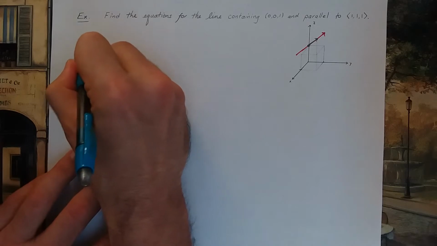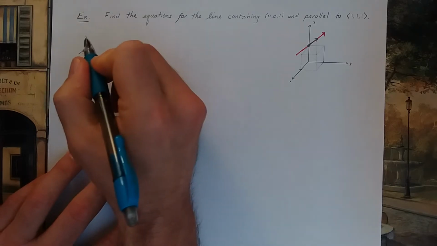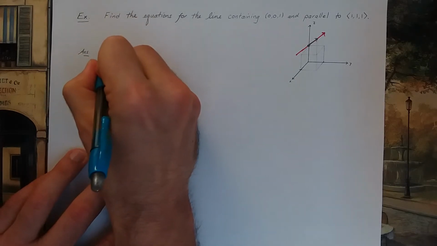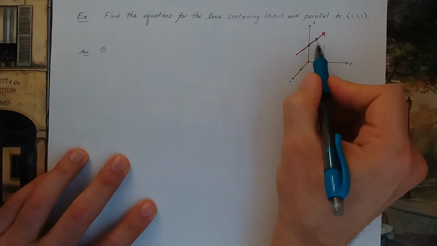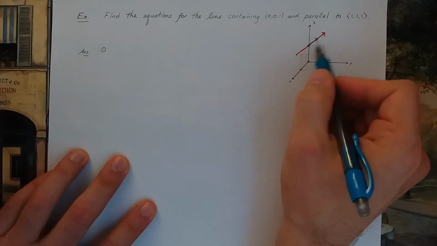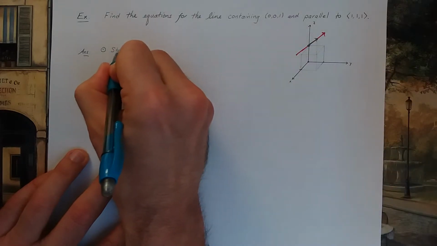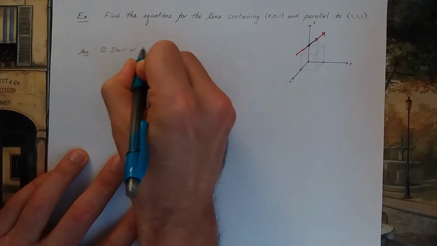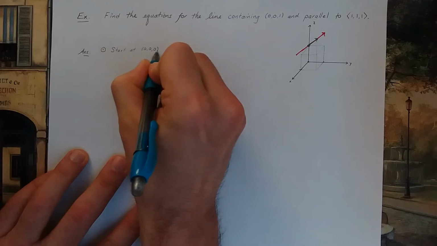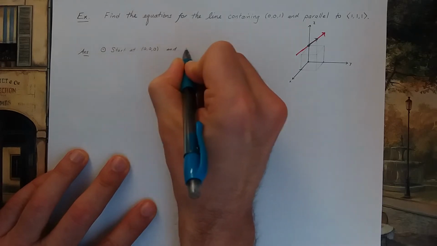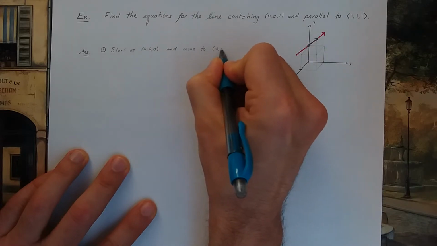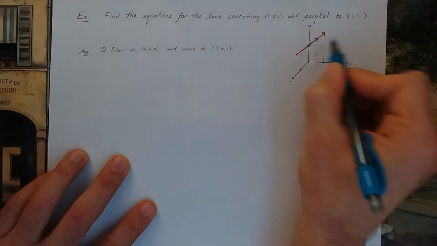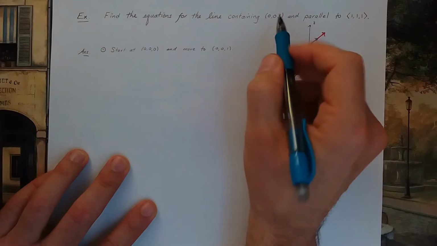Well, here's my answer. The idea is you give instructions for how to start at 0, 0, 0 and land at some arbitrary point on the line. So you start at 0, 0, 0 and move to the point 0, 0, 1. So you get to a single point on your line.